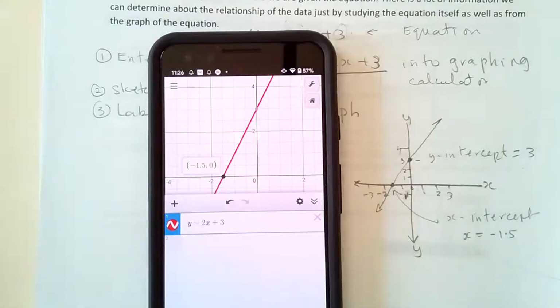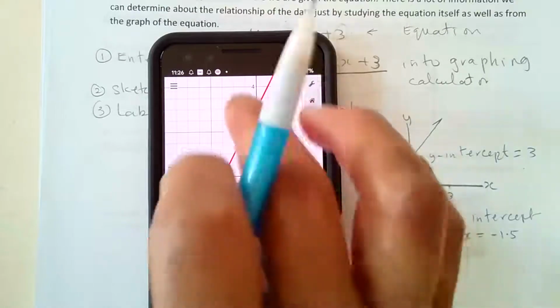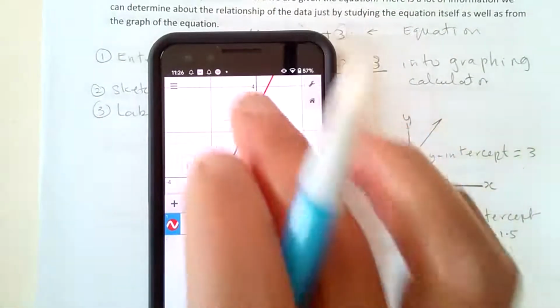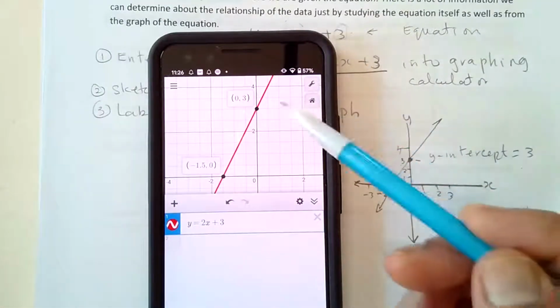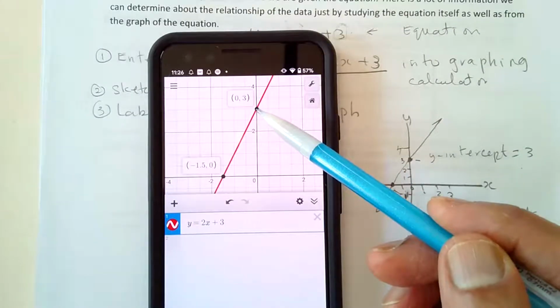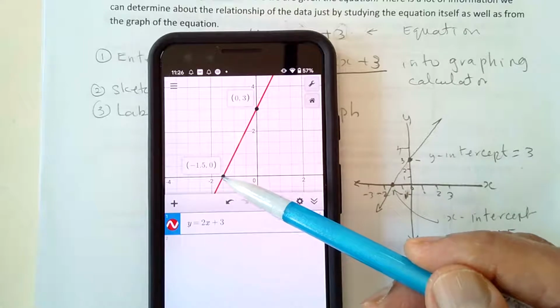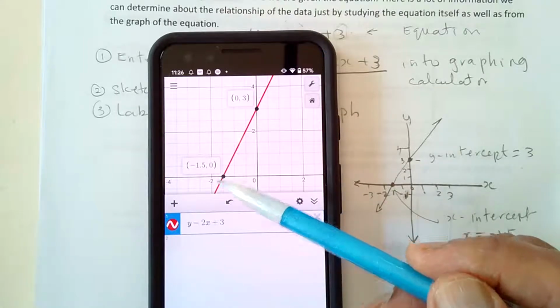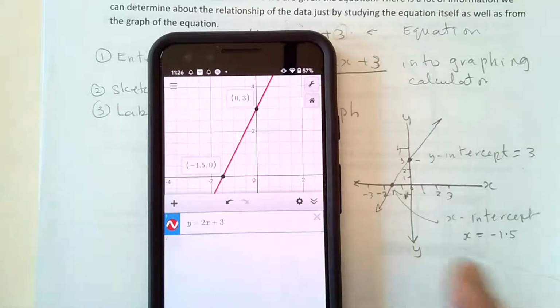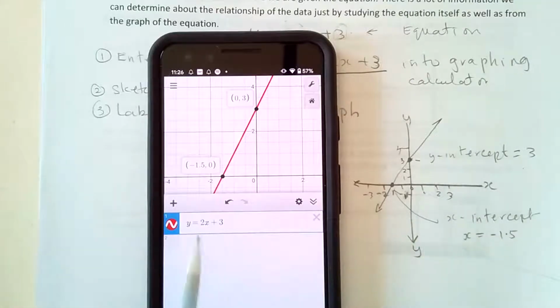That's using Desmos. So Desmos is pretty straightforward. Once you have your graph, you just tap on the y-axis where the line crosses to find your y-intercept, and on the x-axis where the line crosses the x-axis, that will give you your x-intercept. So that's Desmos once you have the equation in.